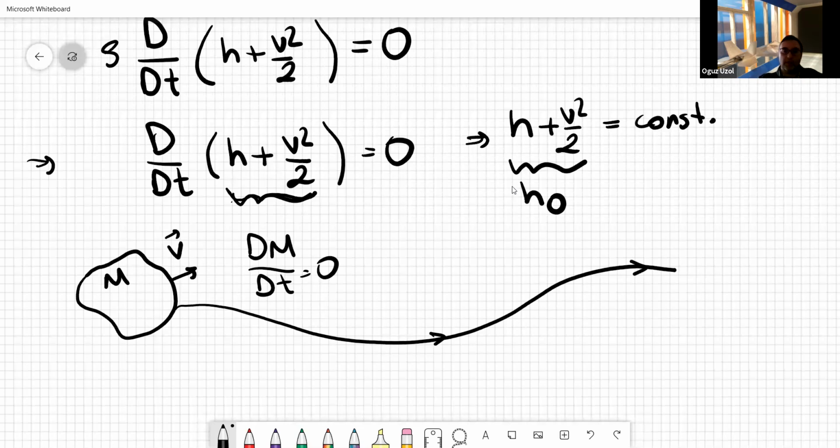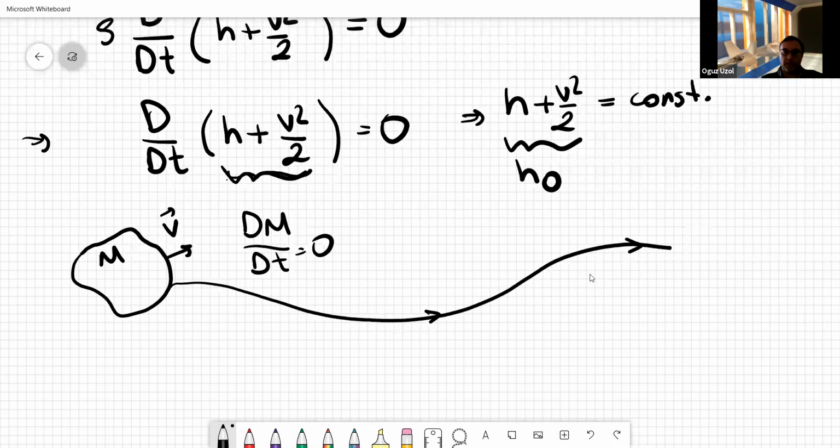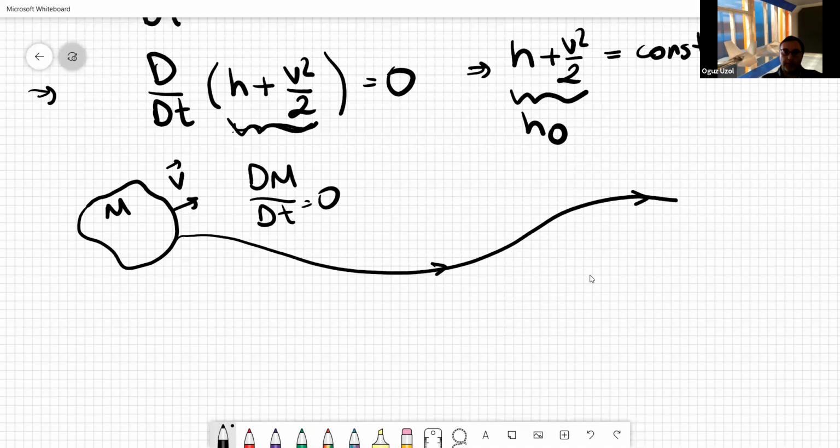Therefore, along a streamline, let's say this fluid particle is moving and it has an initial enthalpy level H1 and an initial kinetic energy level V1 square over 2. As it moves along a streamline in an adiabatic process, it could be slowing down, accelerating or decelerating.